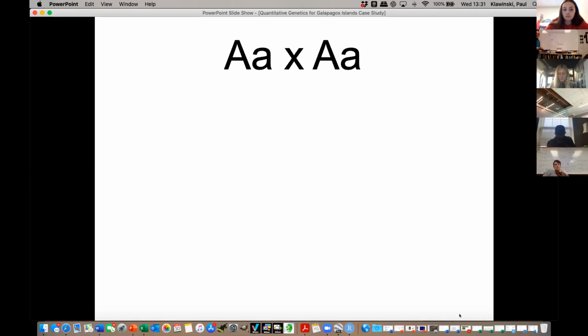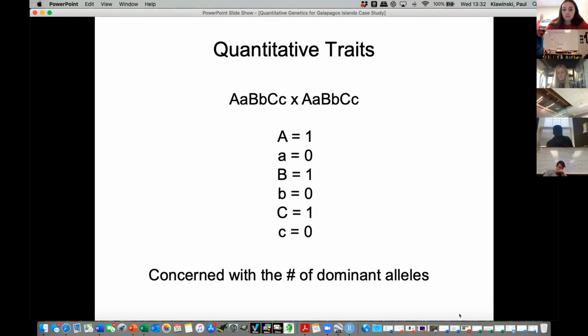What shape distribution do we get out of these quantitative traits? Assuming there's no shrikes to worry about.